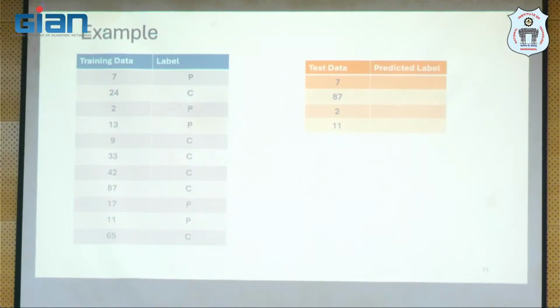Now, one key aspect I want you to be aware is in machine learning models, we do not want the model to memorize and come up with conclusions. What I'm trying to say is, if the table is given on the left hand side, if I have some memory ability, I say that if data is 7, label should be P. If data is 24, label should be C.